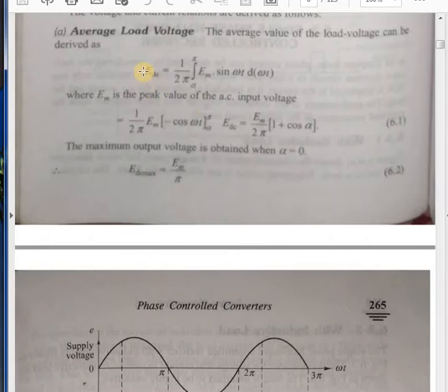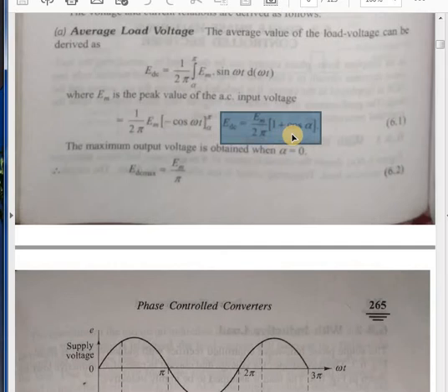So your output average load voltage will be 1 by 2 pi integral from alpha to pi of Em sin omega t d omega t. After solving this, the value of the voltage will be Em by 2 pi into (1 plus cos alpha). This formula is important.